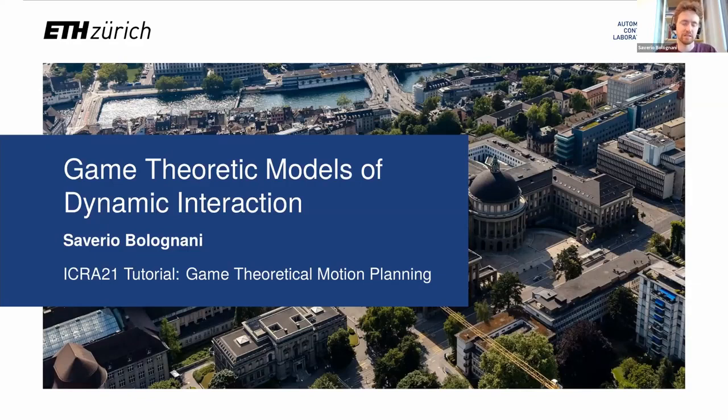So there will be pointers in these slides to additional material, including the script or the documents that we're going to make available on the website, where some more references are going to be available. But I hope that I can touch all the interesting and relevant topics that might be useful if you want to put together game theory and path planning, dynamic interaction, robotics, trajectory planning.